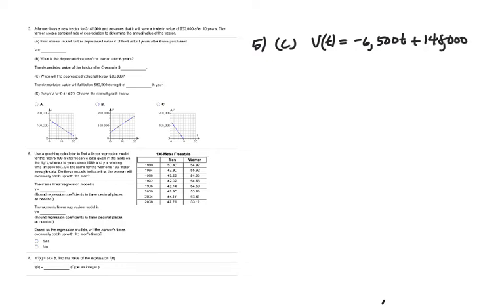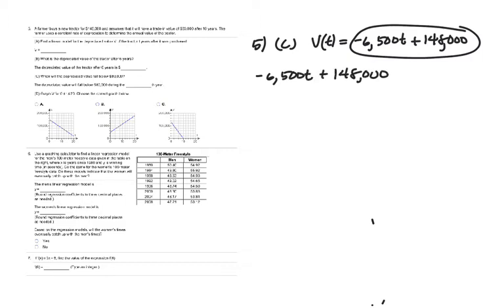So since we're trying to determine when the depreciated value falls below 80,000, we'll set up an inequality where our value determined by the function negative 6,500 T plus 148,000 falls below 80,000. So it has to be less than $80,000. Okay, and so we'll just solve this inequality to determine the time when it'll fall below 80,000.